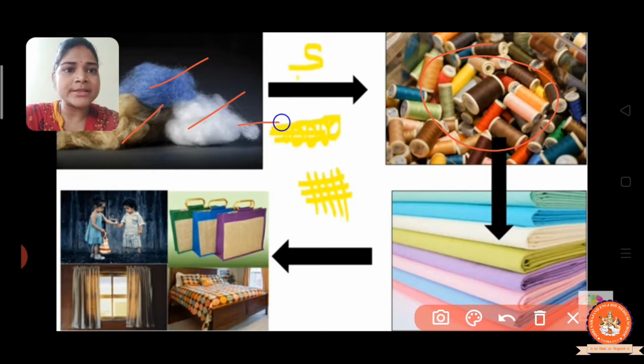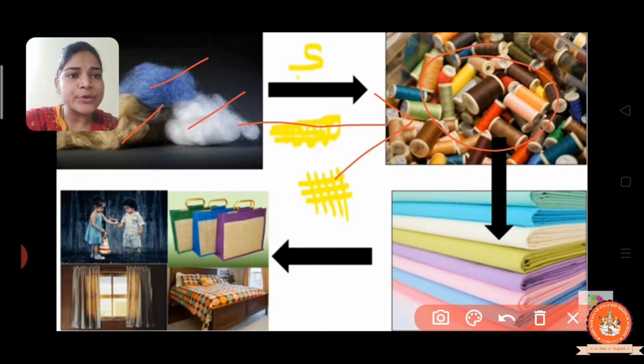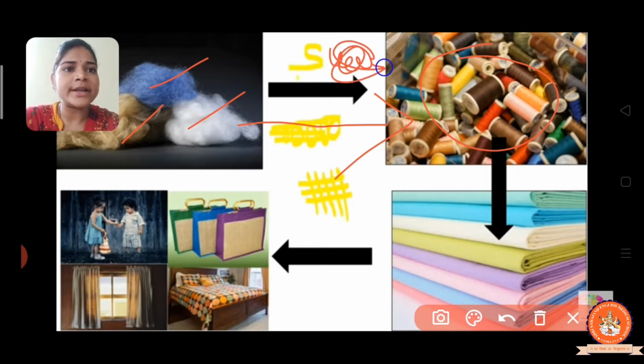The fiber is converted into yarn through the process of spinning. In this process, the fibers are twisted together.